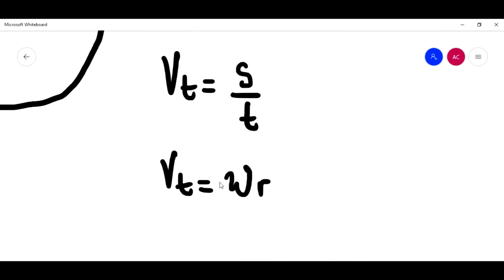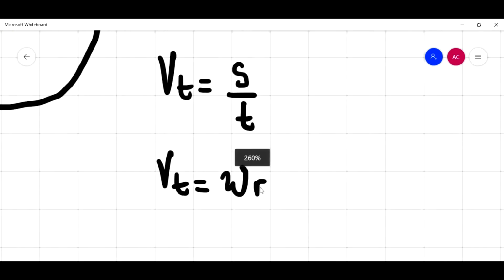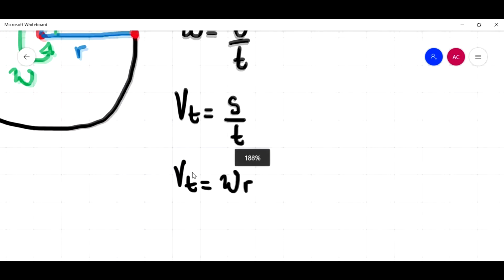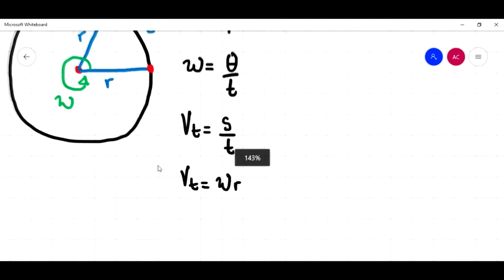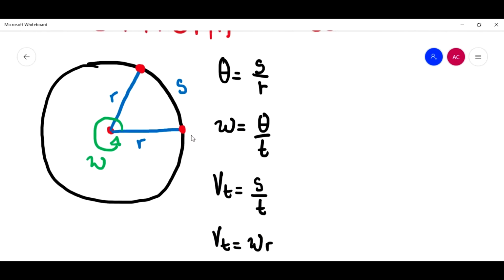But according to this equation, depending on the radius, they were going to have different tangential velocities. The greater the radius, or the further the cyclist is from the center, the more tangential velocity they will have, so more linear velocity.